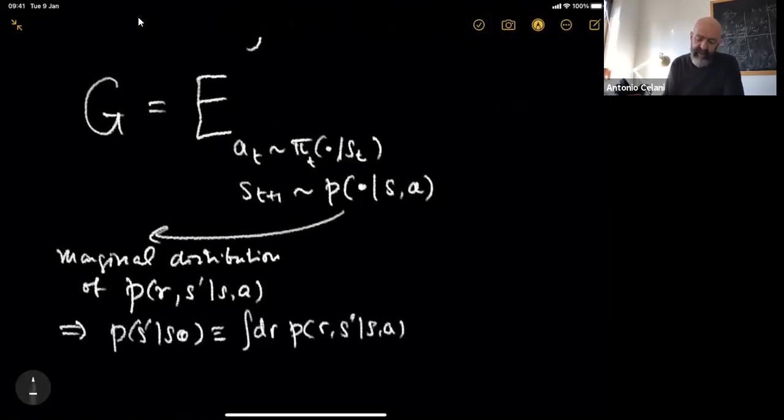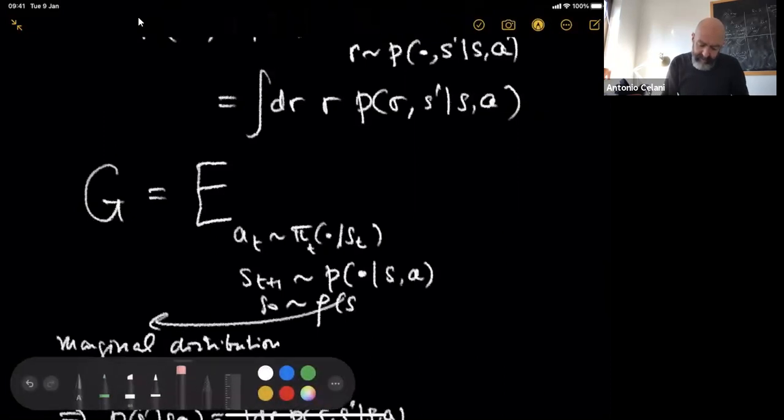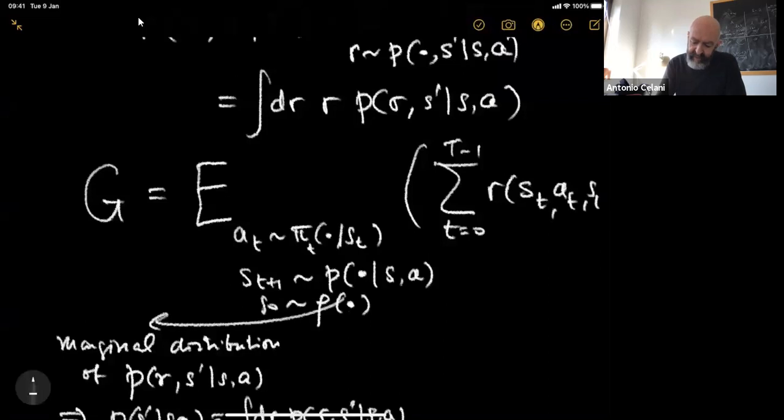I'm still using the same symbol to say: forget about the outcomes of R, because what we will be caring about here is just that S0 is still depending only on rho. And here we can replace that sum as the sum from t going from 0 to capital T minus 1 of these average rewards, which depend on S_t, A_t, S_{t+1}.